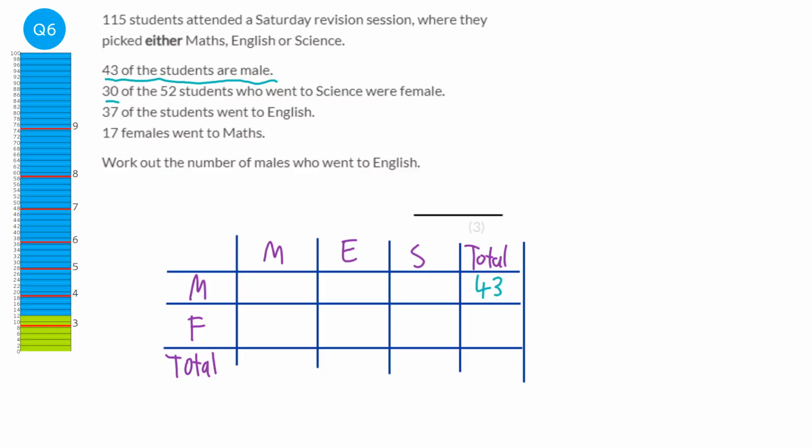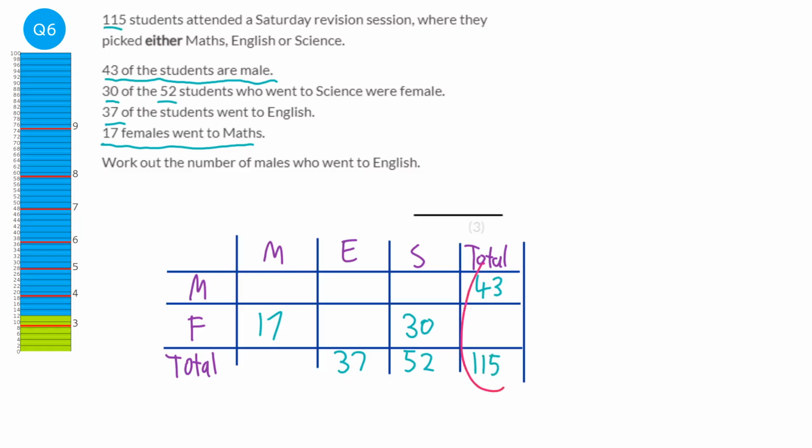So we're just looking at science, and 30 were female, and it says there were 52 altogether. 37 students went to English, so total for English was 37. And then 17 females went to maths. So looking at maths and females, which would be there. So that's all the information we're given, apart from the 115 as well. There we go. So we start filling these in.